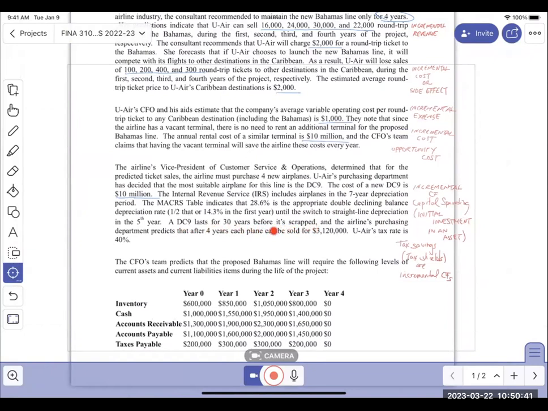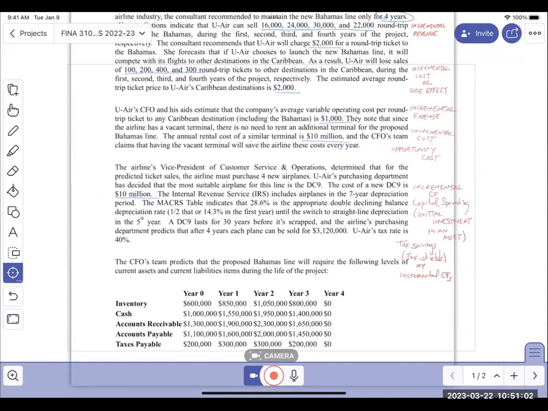The planes will be scrapped after 30 years. So if we actually get to the 4th year with our project, we estimate that we can sell the planes for, not total, for each, $3 million, down from $10 million.